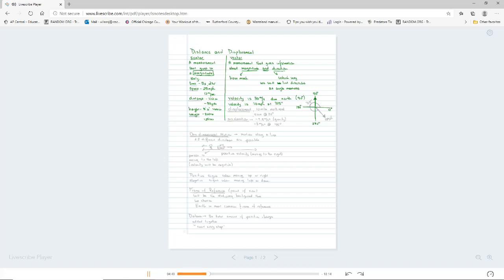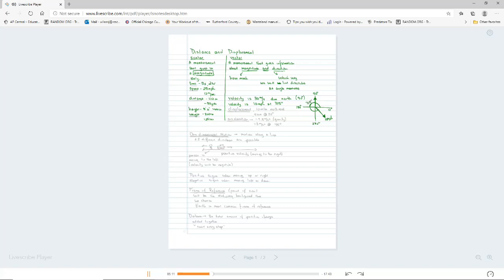So 315 degrees would be 90, 180, so I'd have to move 180, then I'd come 270, and 315 take away 270, I would have 45 degrees left. So I'd come over here to the 45 degree line, and I would be going 10 miles per hour, and my angle measure would be 315 degrees.